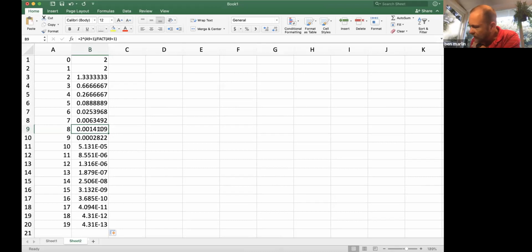So with regards to that, you can see that at n equals 9, you're getting this value of 0.00028 something, whereas when you were doing n equals 8, it was just a little bit bigger.